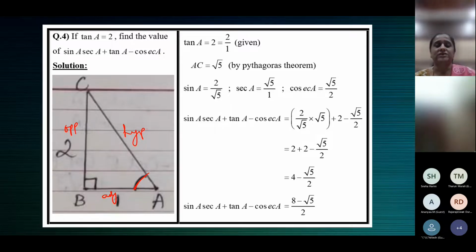So how do you find sin A, children? Sin A connects with sides.